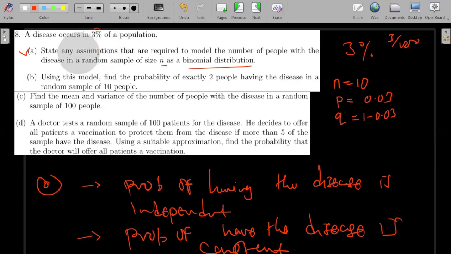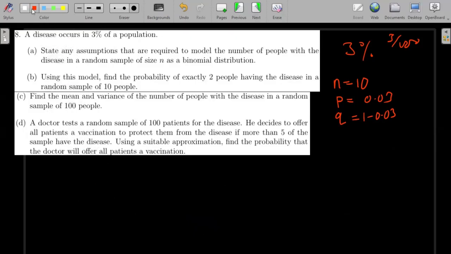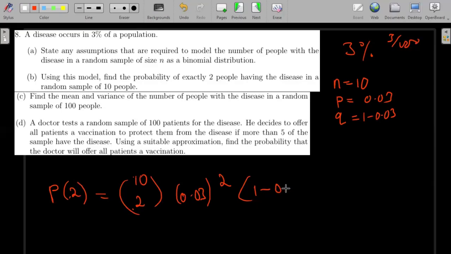Okay, so here we're finding the probability that exactly 2 people have the disease. So we are using this formula, remember? So probability of 2, the x is 2, the n is 10, and then the probability of success, 0.03 to the power 2, and then the probability of failure, 1 minus 0.03 to the power what? 10 minus 2, which is 8. So you have to make sure that these powers always add up to what you have there, which is 10.